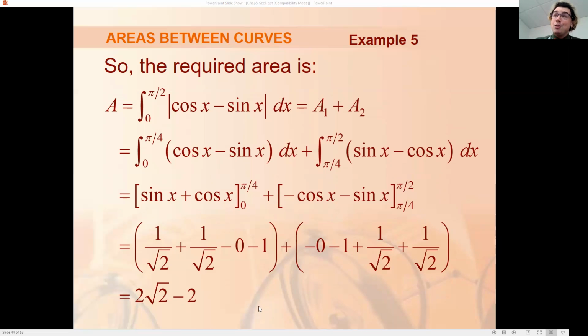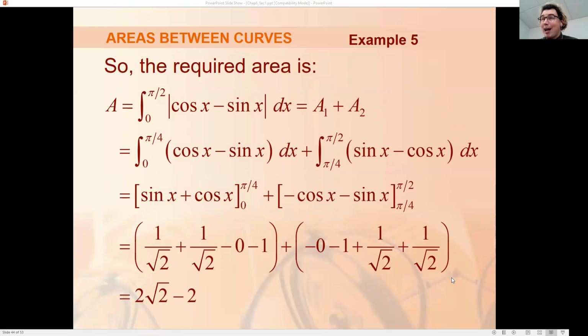Now, one thing that's interesting, at least to me, is that both of the smaller area integrals gave me the same number separately. They both gave me 1 over root 2 plus 1 over root 2 minus 1. Or over here, it's been written as negative 1 plus 1 over root 2 plus 1 over root 2.